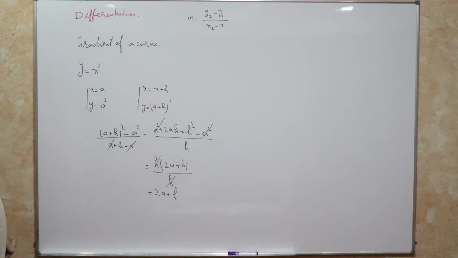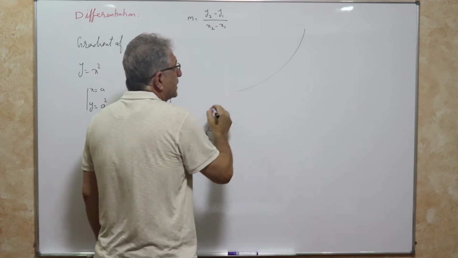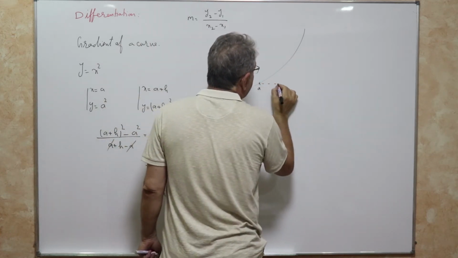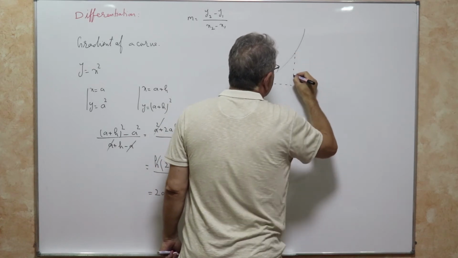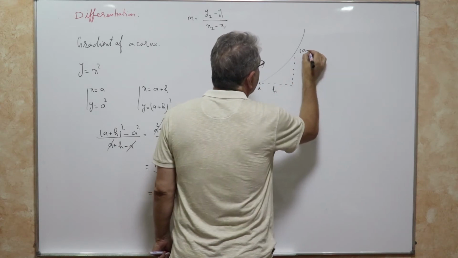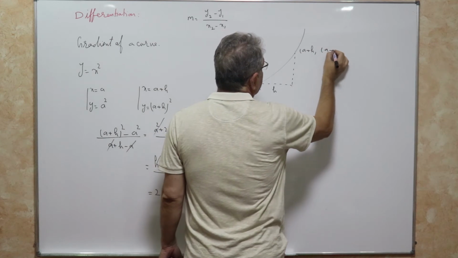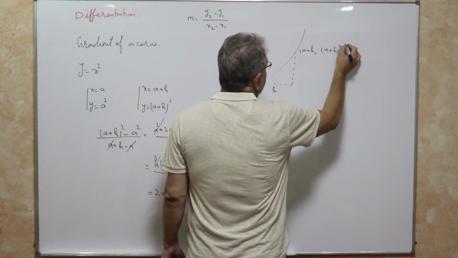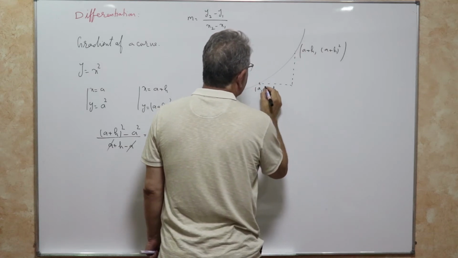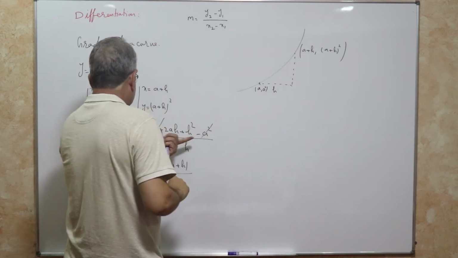Now let's see what we can do. Look at this. I had a curve like this. I chose a point A here and a point in the neighborhood of that point, whose x value is a plus h. And then the y value calculated was a plus h squared. This is my point, and this one is a squared. We calculated this also, and we subtracted that.